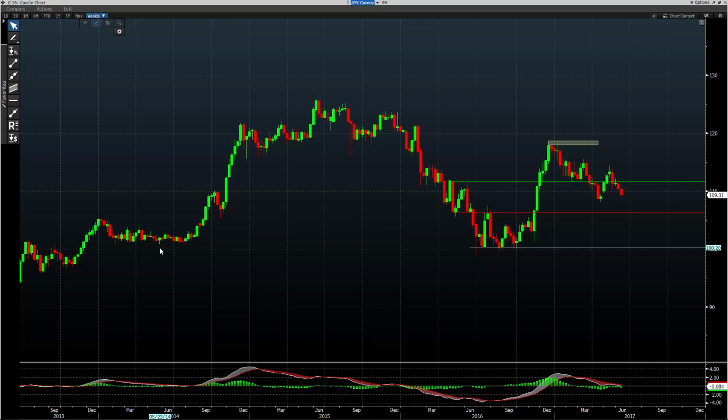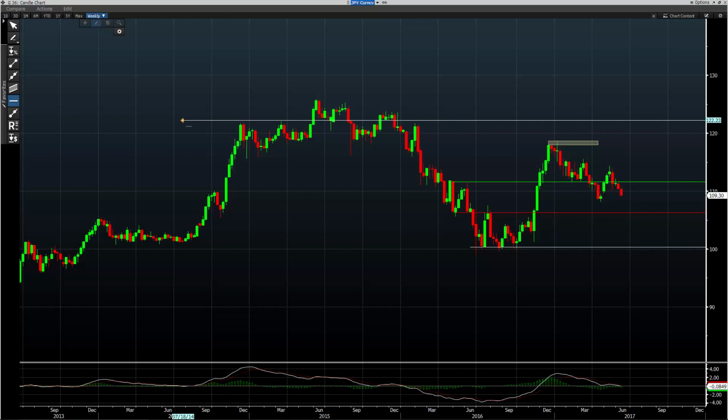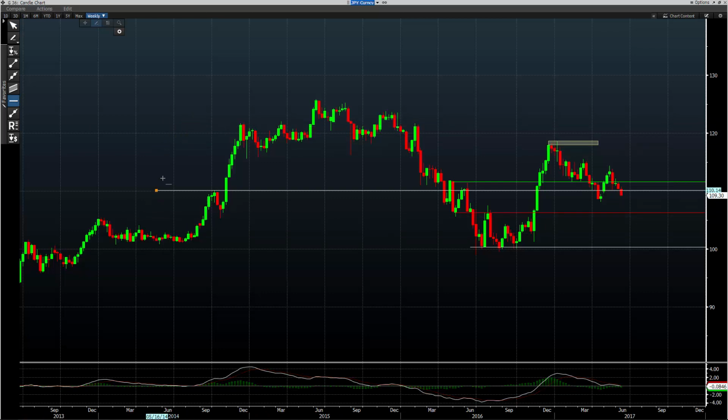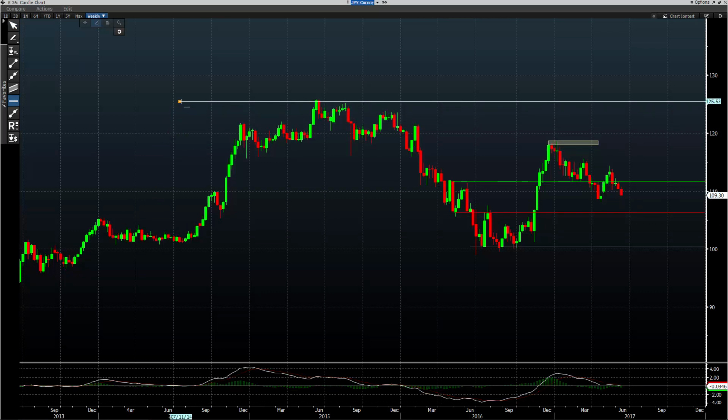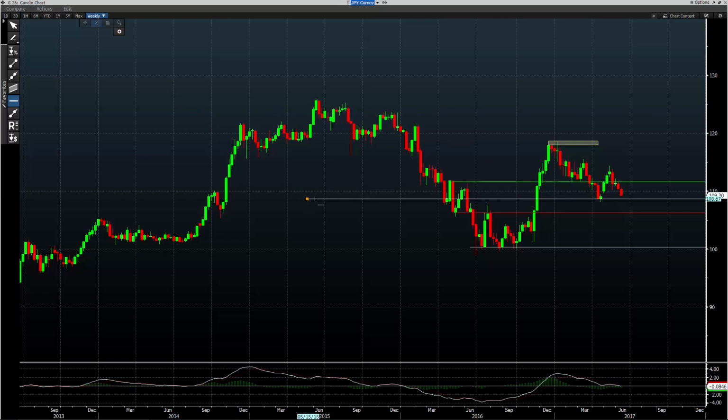This 100 area has held going back several years. The top side resistance of this whole 100 to 125 trading range, you're about in the middle of it up to that 114, and now you're seeing dollar yen start to break lower. In terms of a level of focus, this 108 didn't have a huge reference point on the last visit, and it was just a point where the dollar managed to stabilize and trade higher.